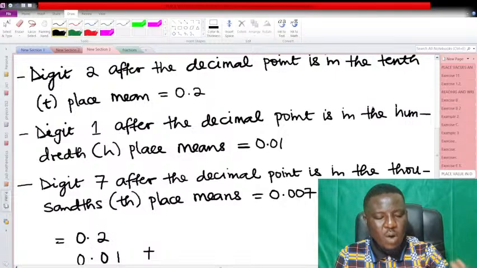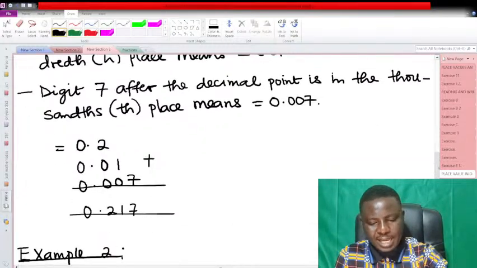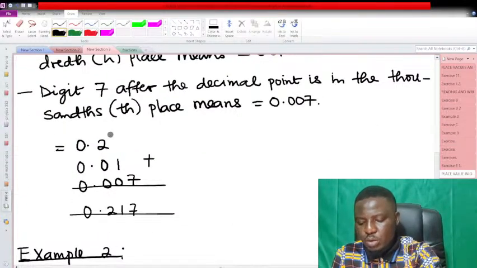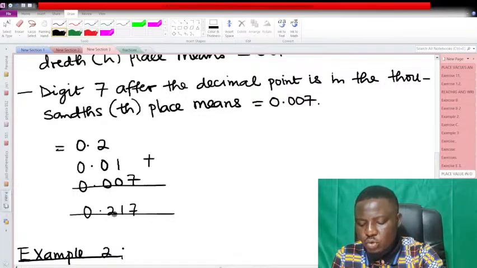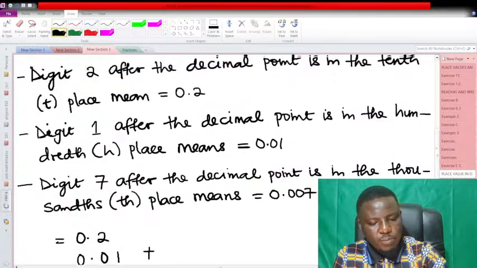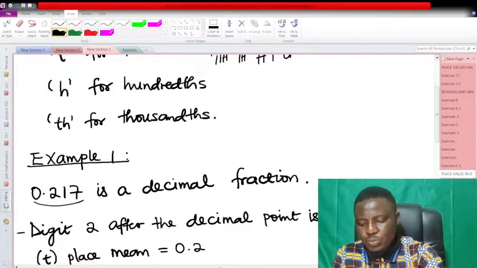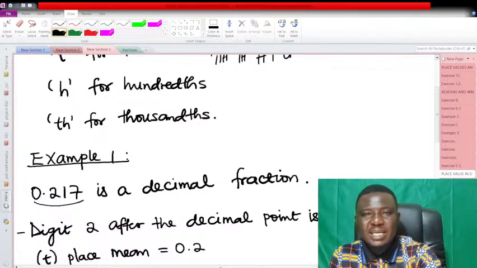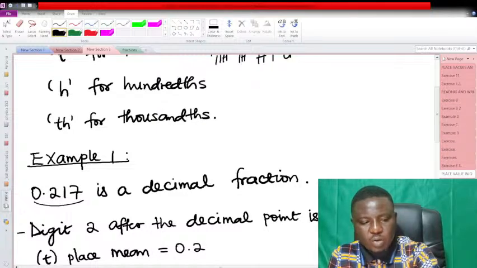0.001. Now, why do we say they are in those places? If you look at it, when you sum them up together, it still gives you 0.217. Now, it is said to be in the 10th place value because it is divided by 10. That is, in the first place value, as we did in the last class, it is 1 divided by 10.